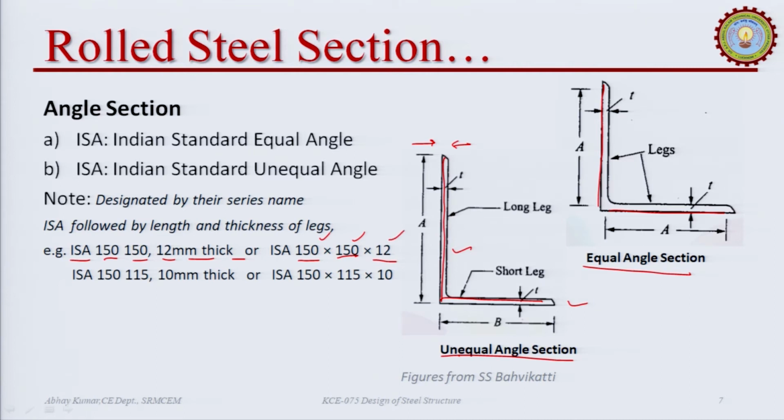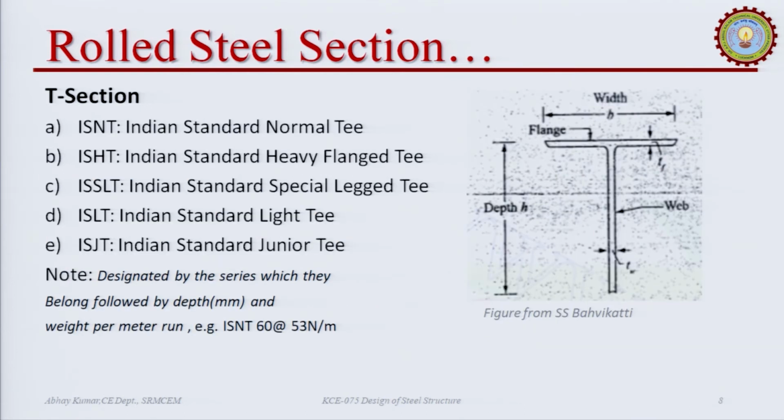For unequal angle, it would be like 150 cross 115 and 10. It indicates that one leg is 150 mm long, the second is 115, and the thickness is 10 mm. These are really very common sections which we can commonly see in various steel structures around us.